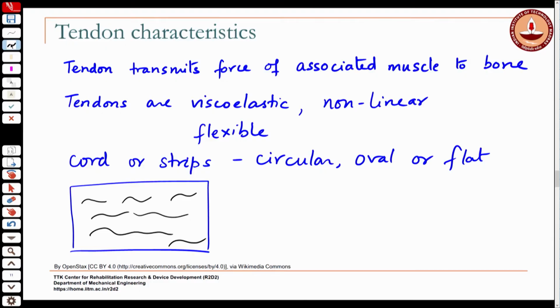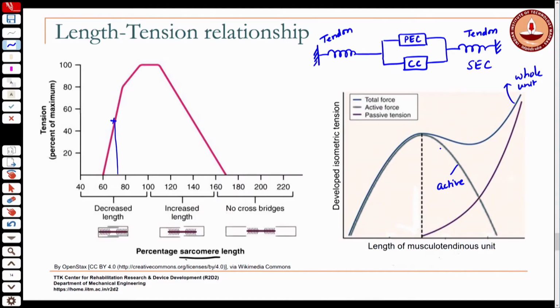And then on top of that, if you apply a stimulus, there is an additional component that comes up because of the active. What is transmitted at the end through the tendon is the total, because those two are in series.